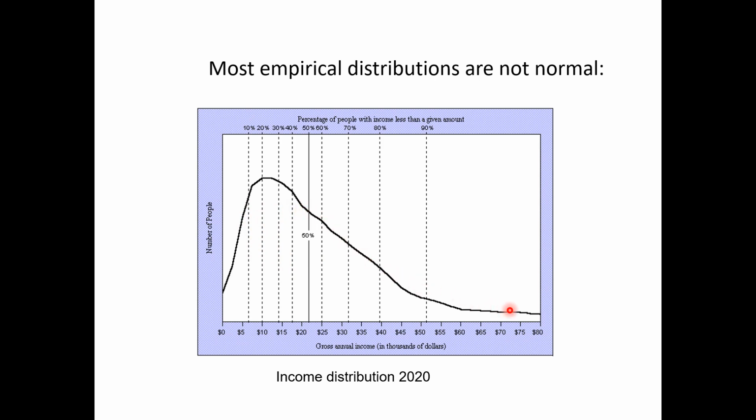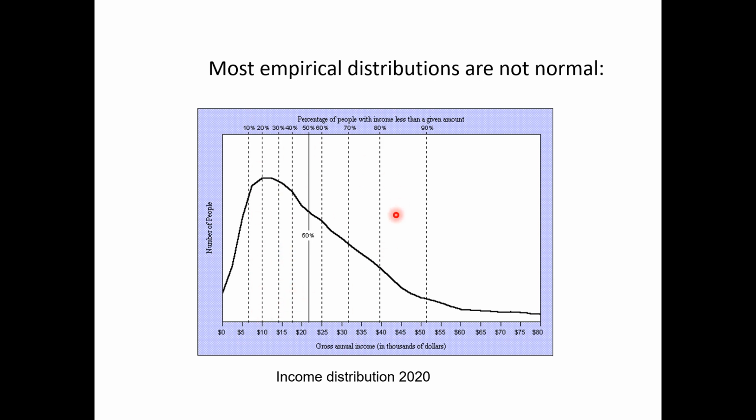There are very few people who were earning $80, $75, $70. Numbers were there, but there were very few. But the majority of the people were on the left hand side. So there were a lot of people who were earning less than $20 or $15 or $10 or $5.